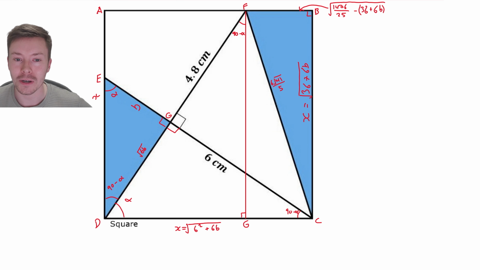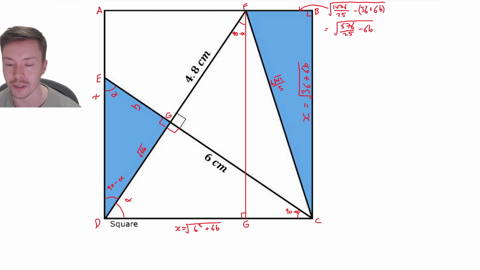So that top side there, B to F, is going to be the square root of 6 root 41 over 5 squared, which is 1476 over 25, minus the square root of 36 plus 6b squared. So I can simplify that a little bit, because I can do my fraction, take away my 36, and then the minus the 6b as well. So I get the square root of 576 over 25 minus 6b.